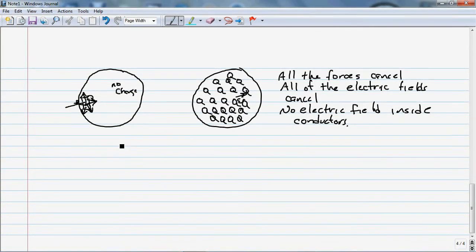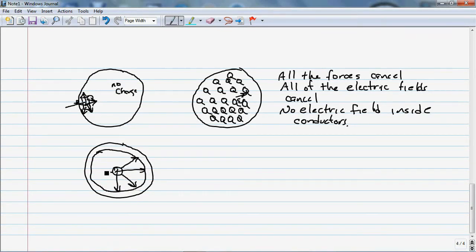Now we can take a situation where I have a sphere, and let's say a shell here, and I pop in a positive charge in the center. Well, this positive charge is going to have electric field lines coming out of it.